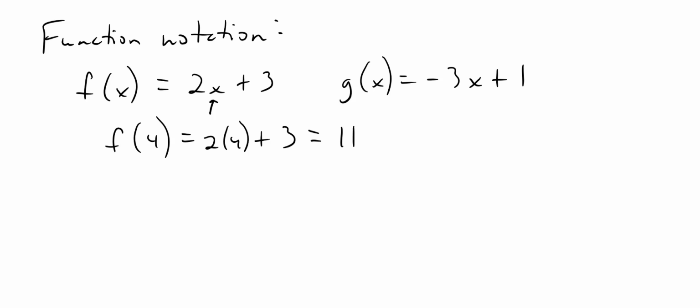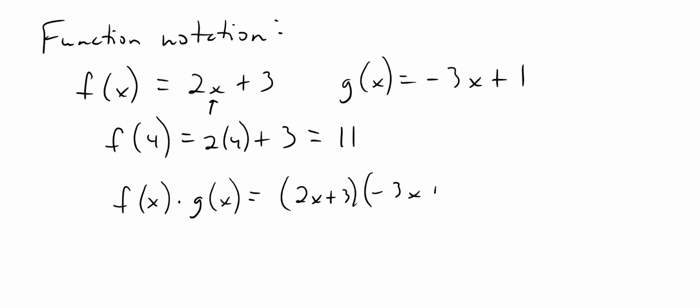So let's say I said something like f(x) times g(x). That just means you multiply the two together. So it's (2x + 3) times (-3x + 1), and you FOIL it. 2x times -3x is -6x squared. 2x times 1 is plus 2x. 3 times -3x is -9x.